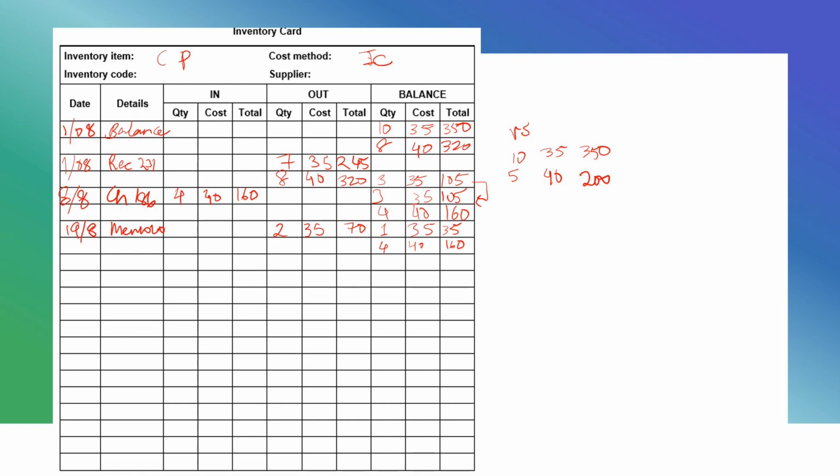And then we've got 22nd, you paid wages. Again, you don't have to worry about that. No inventory movement. 25th, you purchase 10 cans of paint, 45 plus 450 GST. Again, GST has got nothing to do with the inventory cost. We do not include it in the inventory cost.